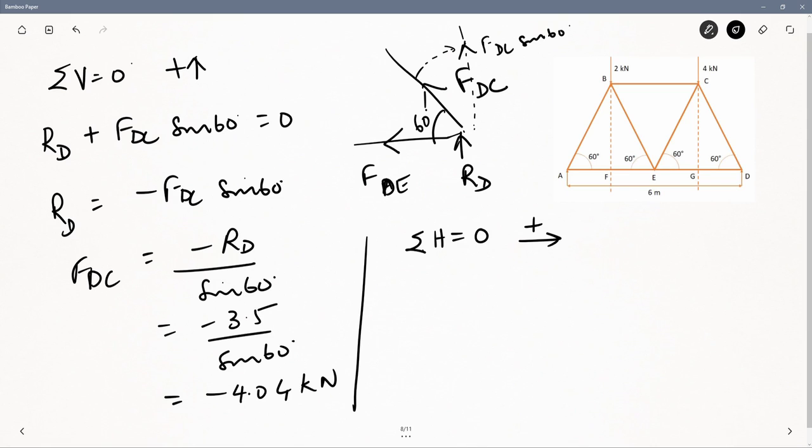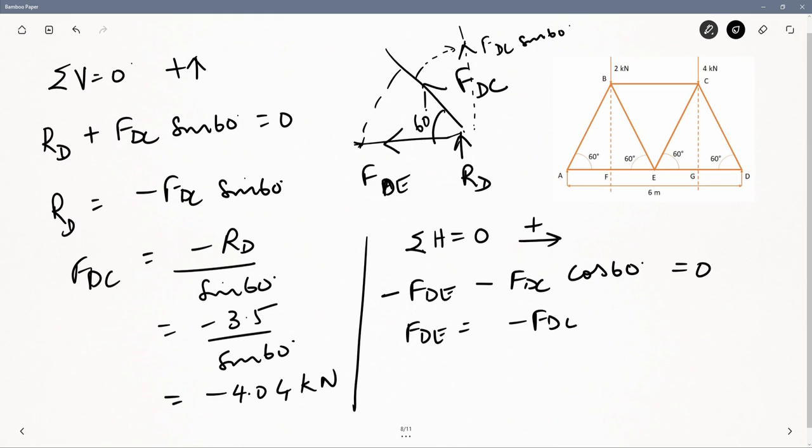So my equation would be: negative FDE, because it's acting towards my left, minus FDC cos 60, if I resolve this force in the horizontal direction, equal to 0. So FDE would be equal to minus FDC cos 60.